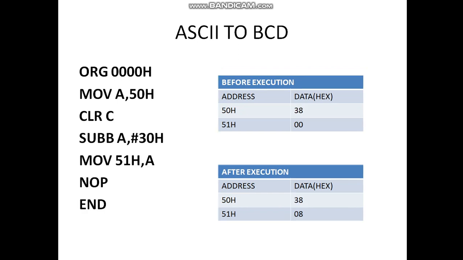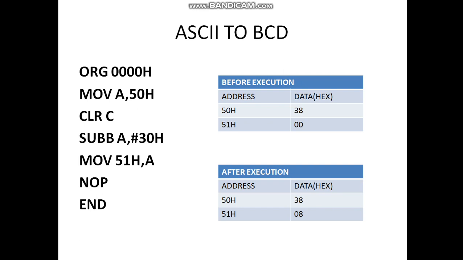In the program, ORG stands for origin. Here the input is given in 50H location and the input is taken as 38H. In 51H location, the output has to be stored. So this is before execution.